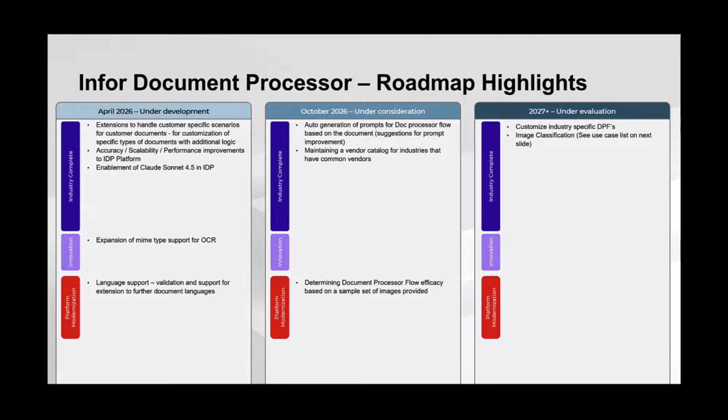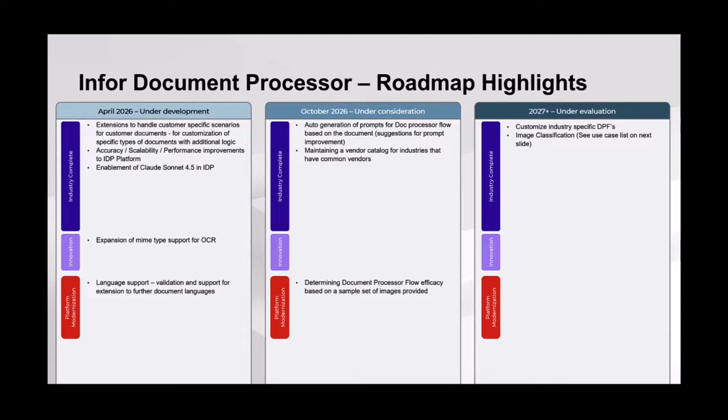We have different things like expansion of file type support, so being able to extract CSV documents or Excel files. Further language validation, so being able to test and validate other languages like Japanese, for example, and see how it performs as part of Japanese business documents or any type of document. And other different roadmap highlights here.